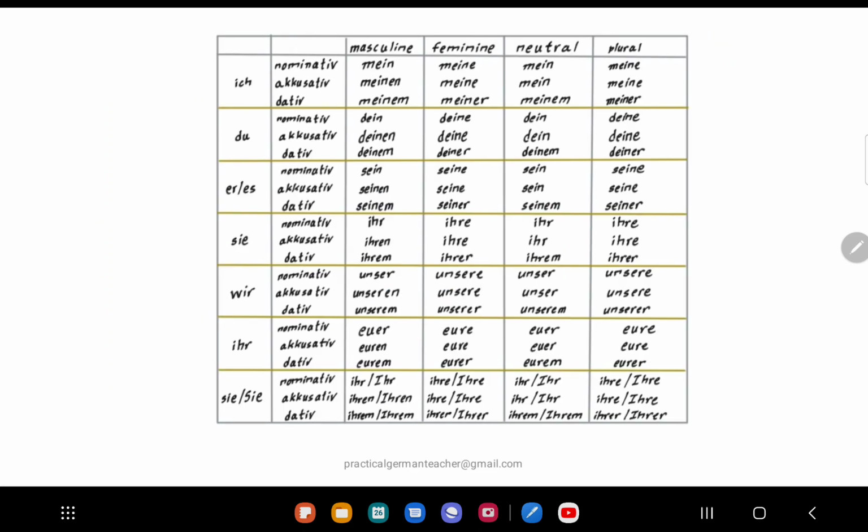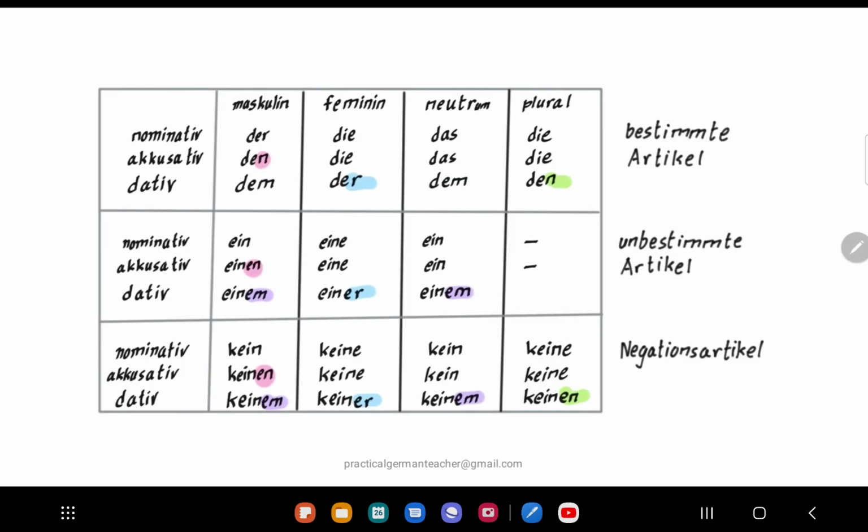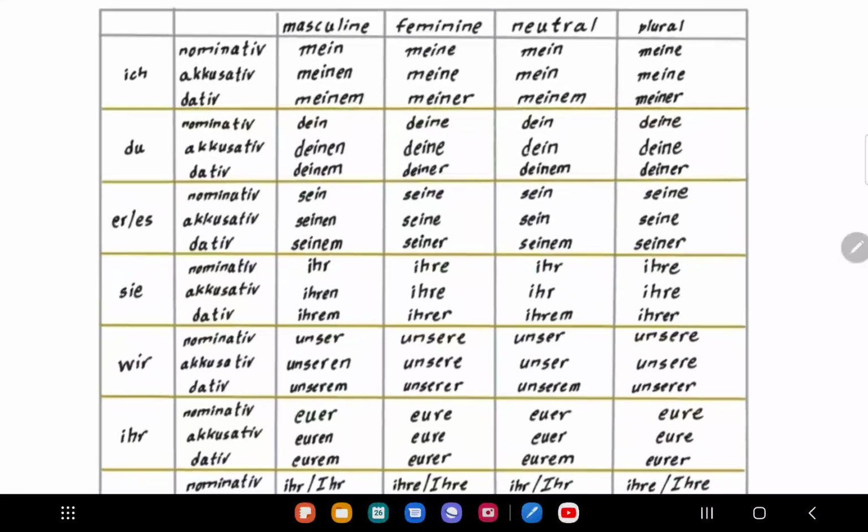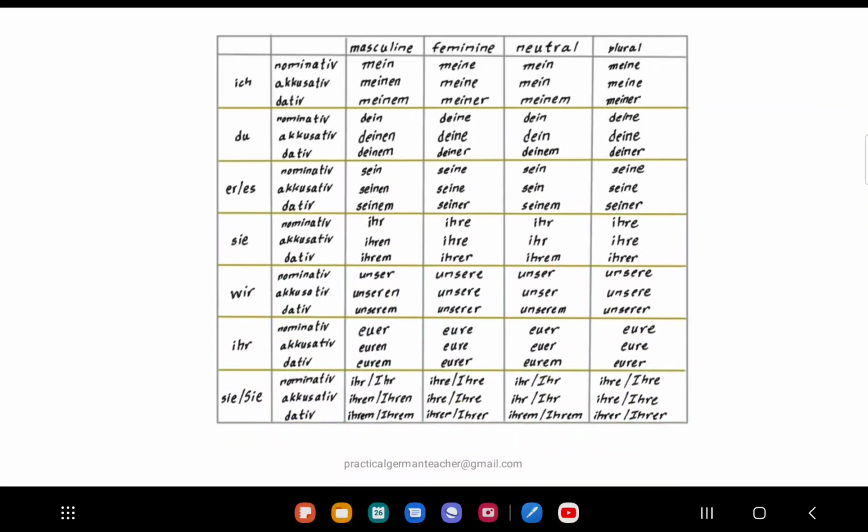Now let's look at this table again. Many people tell you to remember this table, but I tell you you don't have to, because you saw the pattern, right? Let's see if we can find the same pattern here as well, and you will find it. So let's just focus on this. You know this already.